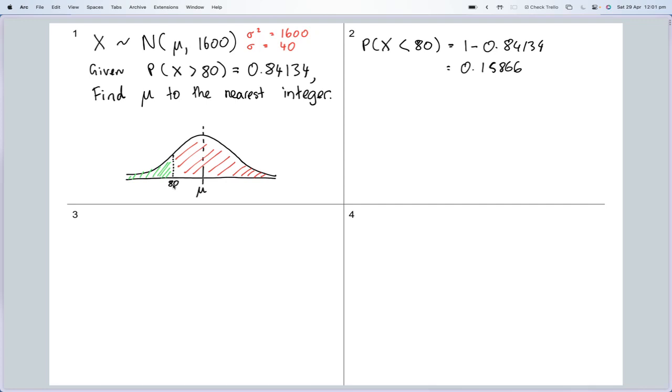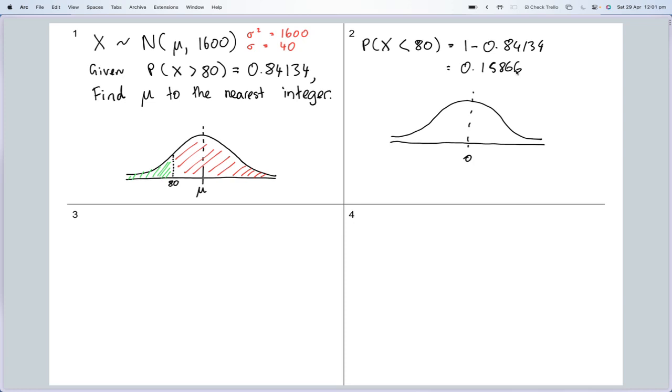I don't know how much bigger, but it's got to be bigger than 80. So now we can find the relative position of 0.15866 on our z distribution, or standard normal distribution, which has a mean of 0.